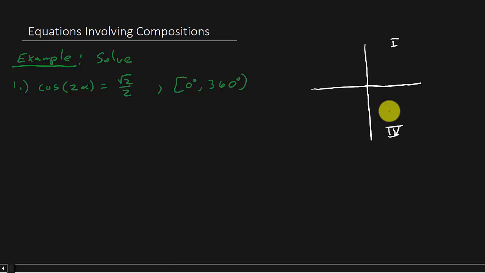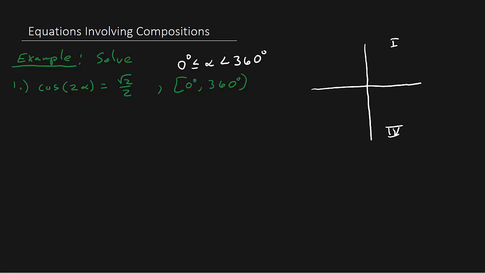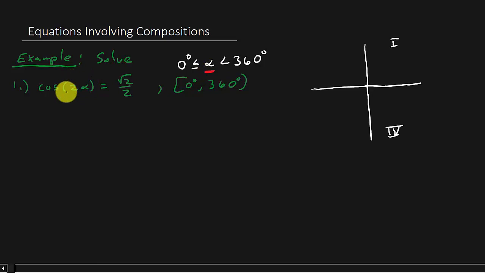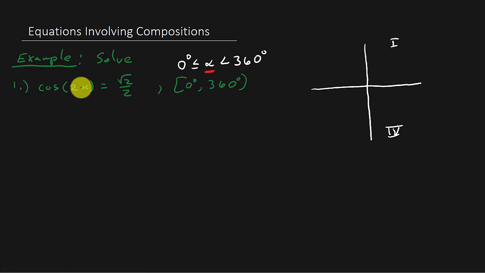Now, the thing that you've got to keep in mind, this interval here, this 0 to 360, what that means is we're finding all the solutions where alpha is between 0 and 360 degrees. That's what we're looking for. Okay? Now, important here, alpha. And what is our angle? 2 alpha. So I've got to figure out my interval.